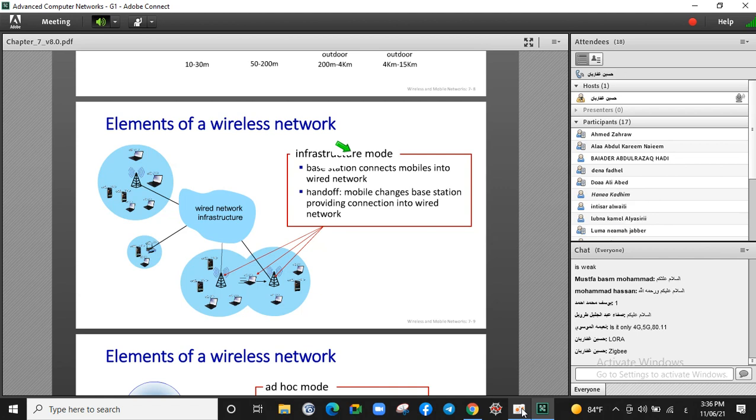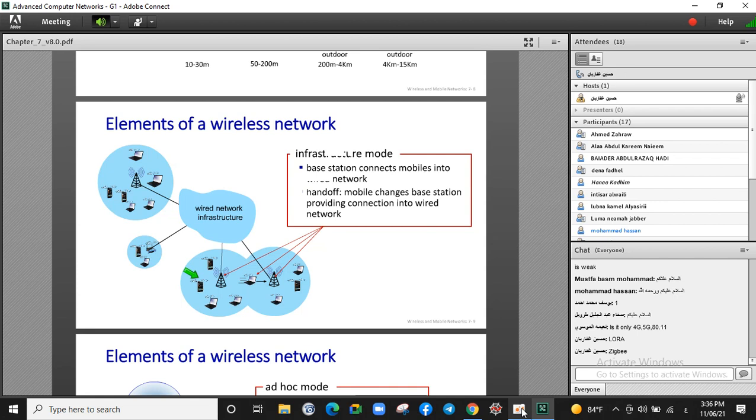When we talk about an infrastructure mode wireless network, we have a base station, and all of the hosts inside the wireless network should connect to that base station if they want to talk with other hosts in their networks or outside of their networks in the internet.